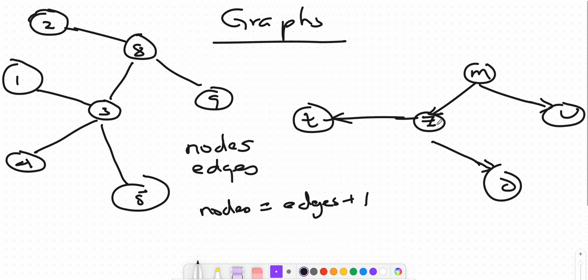But it cannot go in the opposite direction. So that's also another type of data structure.